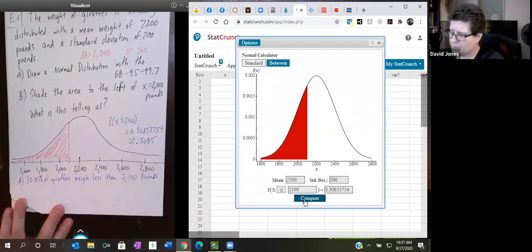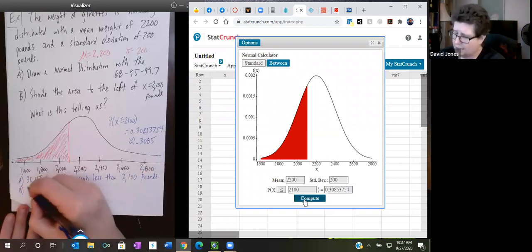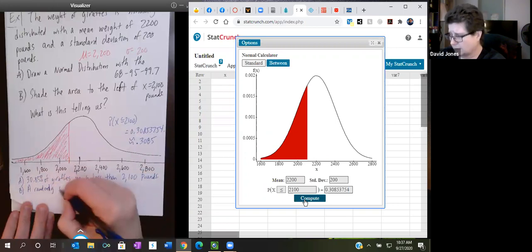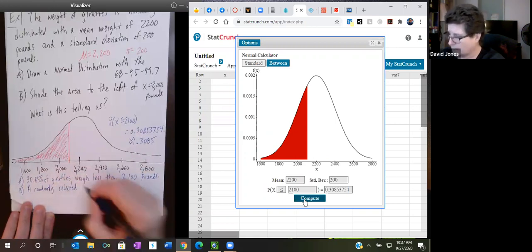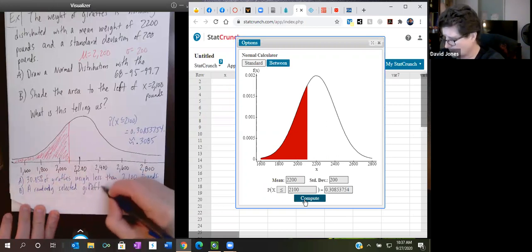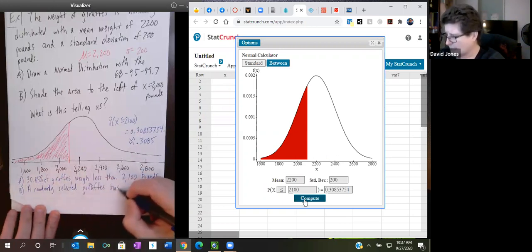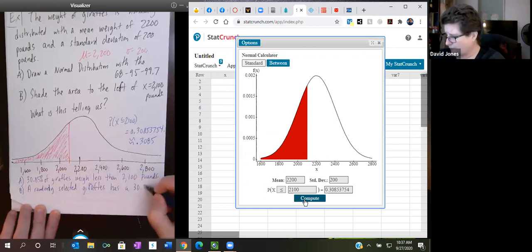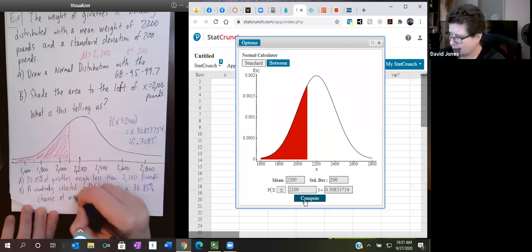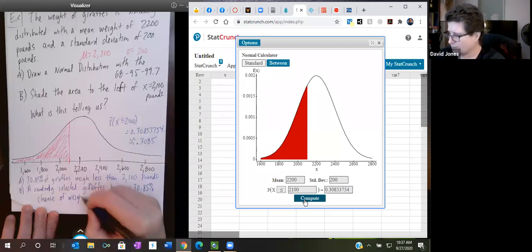And the other interpretation we have is a randomly selected giraffe has a 30.85% chance of weighing less than 2,100 pounds.